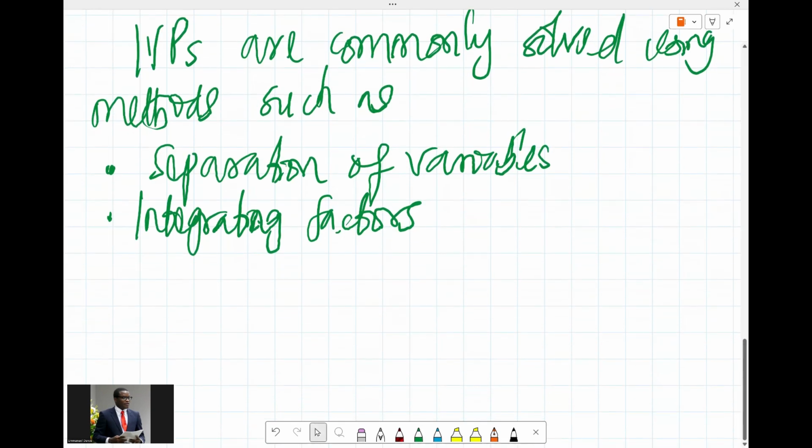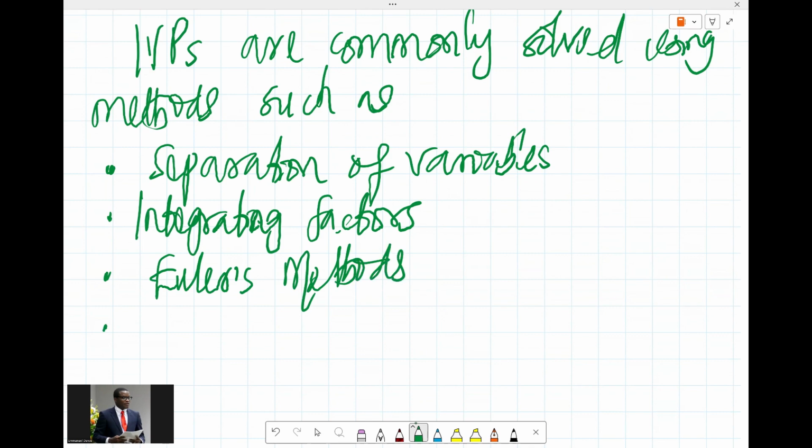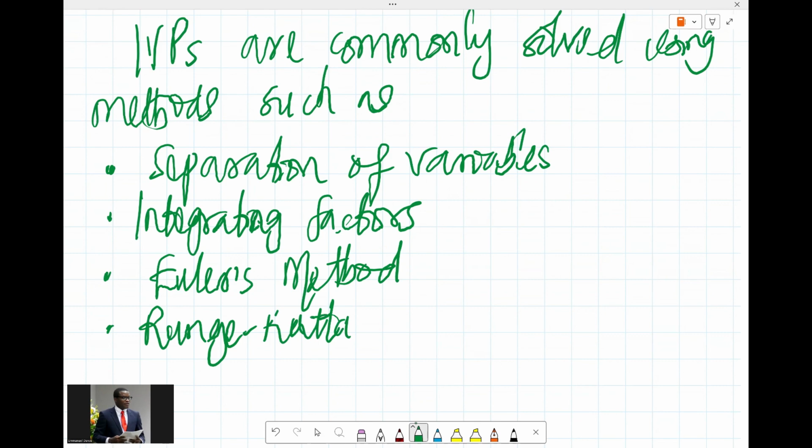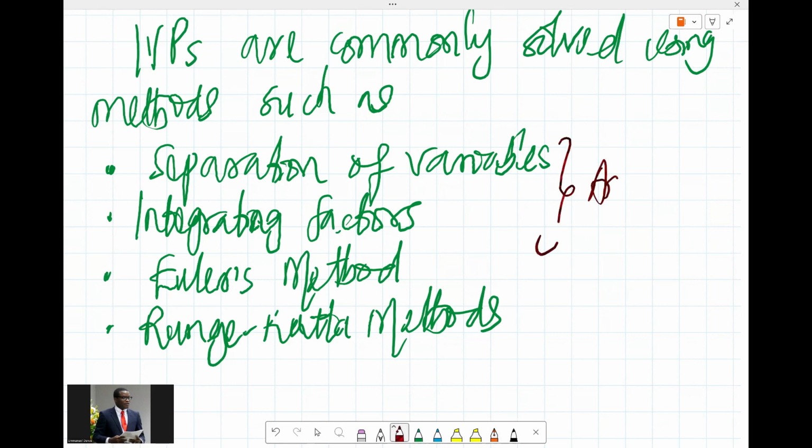So you can use this kind of methods, or you can also have the numerical approach, like Euler's method. There are so many methods, but we'll be focusing on two in this playlist: Euler's method, or what you can call the Runge-Kutta methods. We've lumped everything together, but you should understand that these first two methods are analytical solution methods, whereas here we are more concerned with numerical solution methods.